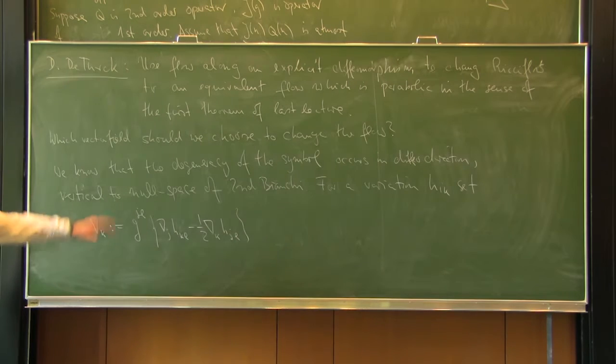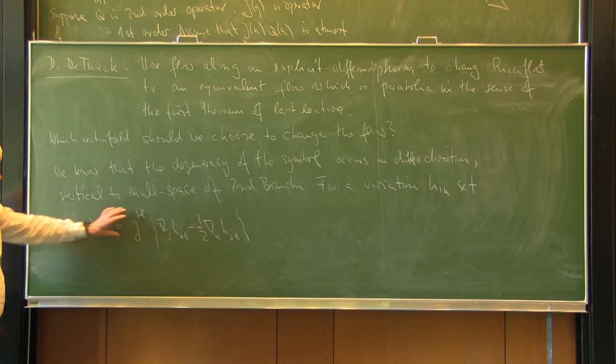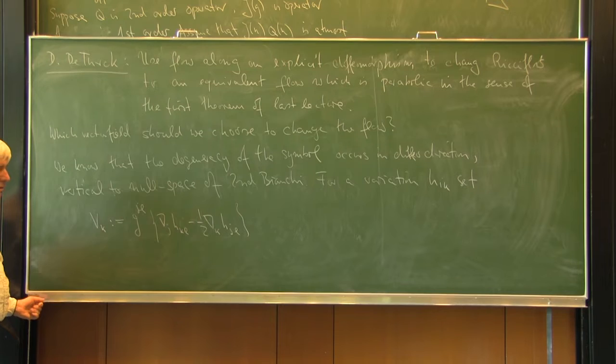So if we have such a variation field, h_ik, then we can form this vector field.